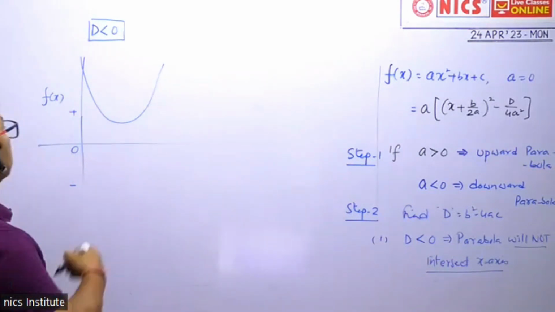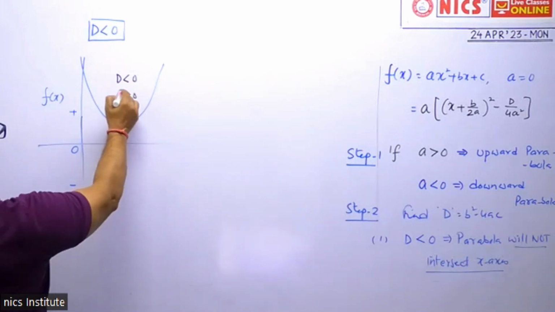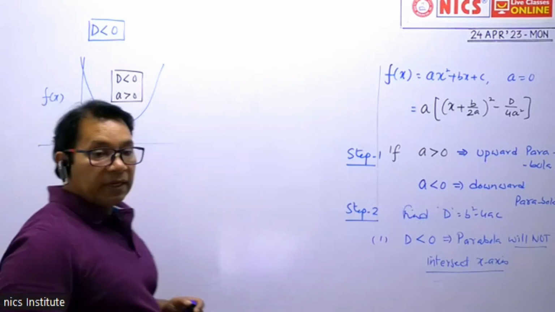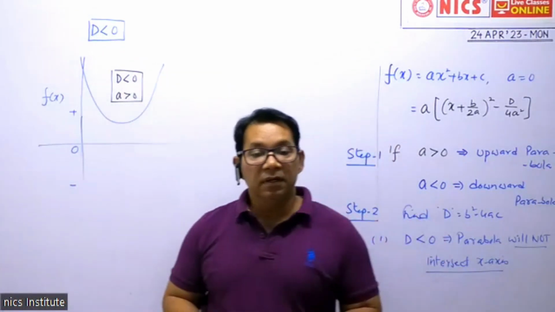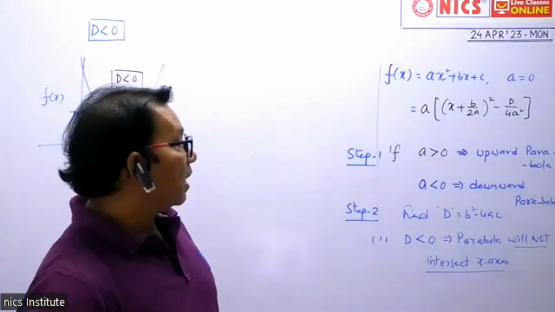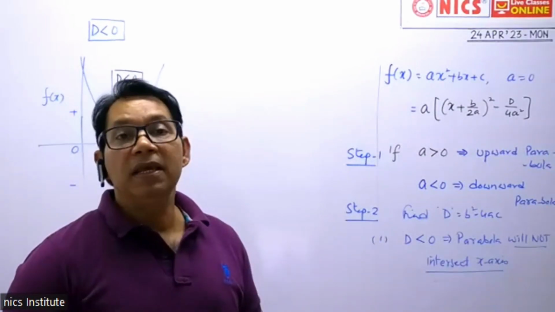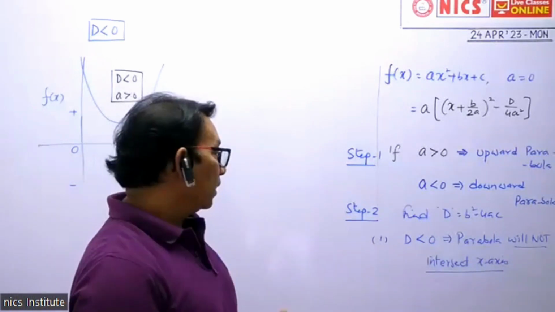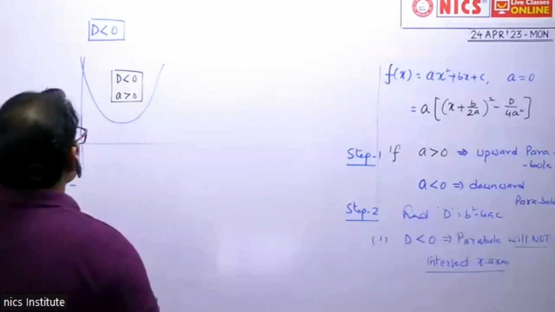So D is less than 0, a is positive. The parabola would be something like this, an upward opening parabola because a is positive. Since D is negative, in other words, the equation does not have any real roots. When real roots are not there, imaginary roots are there, and the parabola will not intersect or touch the x-axis.